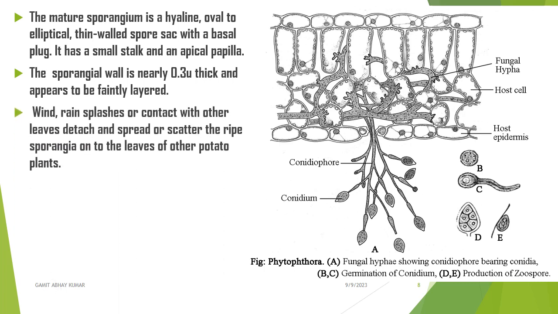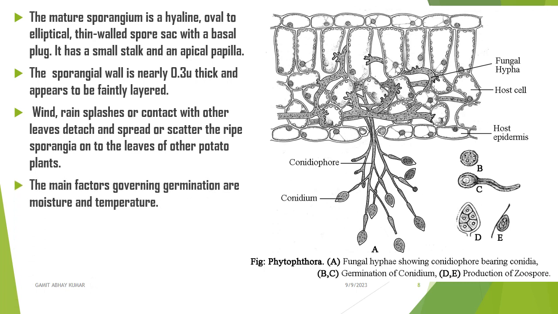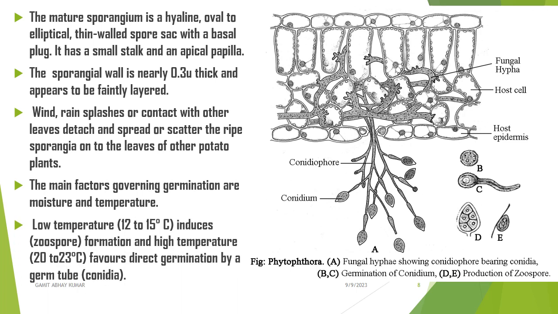Wind, rain splashes or contact with other leaves detach and scatter the ripe sporangia onto the leaves of other potato plants. The main factors governing germination are moisture and temperature. Low temperature, 12 to 15 degrees, induces zoospore formation, and high temperature favors direct germination by a germ tube.